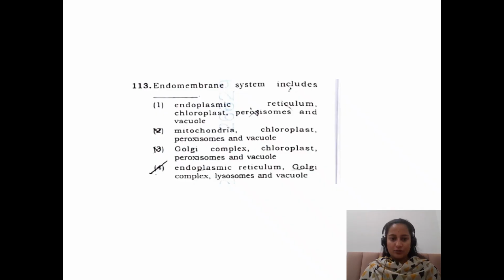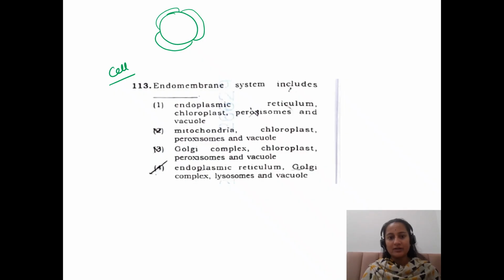Endomembrane system includes. This question is from the cell chapter. We know that all eukaryotic cells contain the nucleus, surrounded by the nuclear membrane. The nuclear membrane is a double membrane cell organelle. The outer nuclear membrane forms extensions of foldings, which form the endoplasmic reticulum.